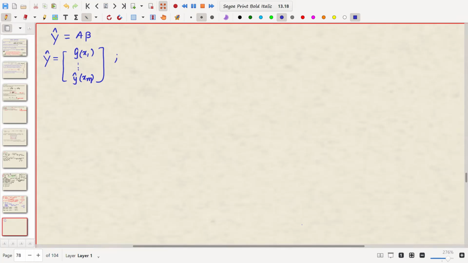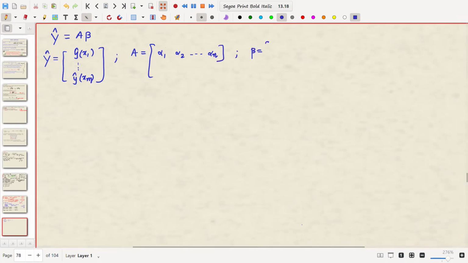Good. Then A, how should it look? Is it a column vector? Column vector. Okay, you tell. Alpha, how? Alpha 1, alpha n. What is beta?